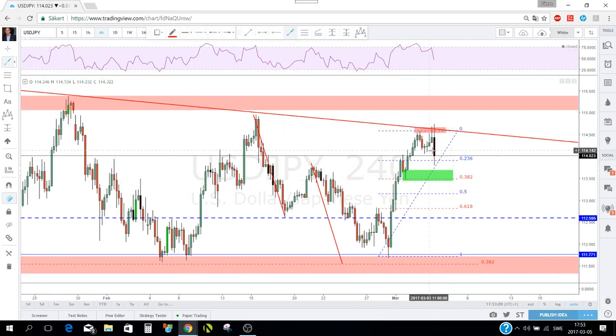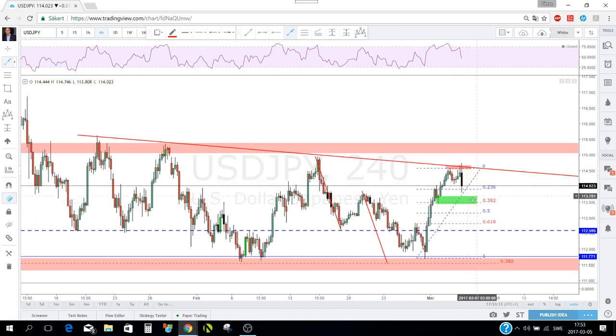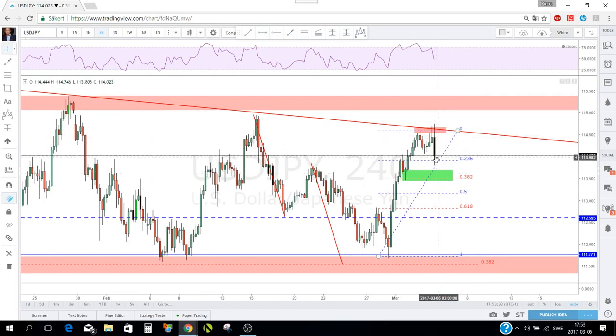What I'm looking at is how price will react when it reaches this green box down here, the 113.50 area. I want to see if price is going to find support and maybe bounce back up, because this move is already done.